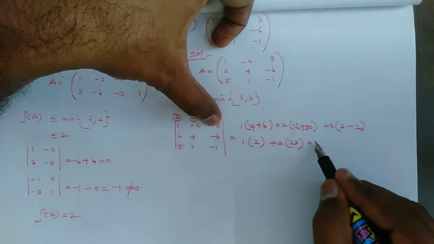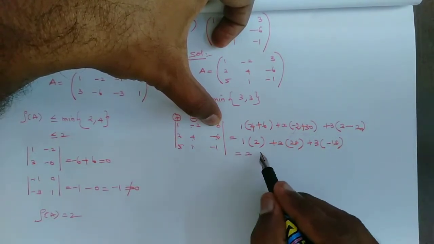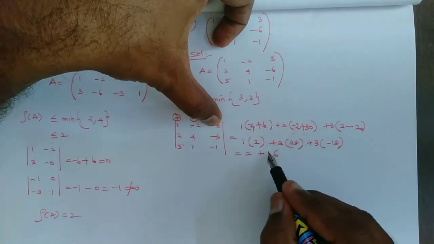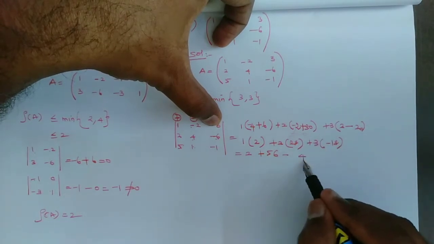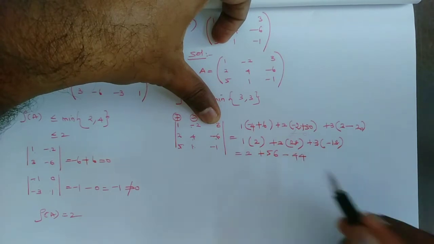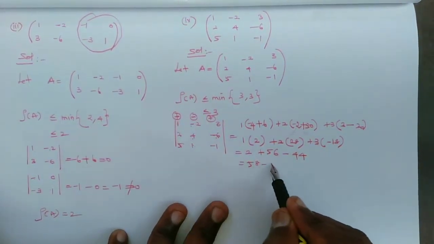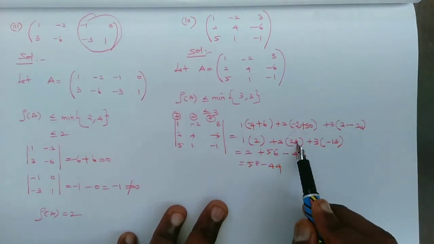30 minus 2. 3: this is minus 18. 2 minus 20 minus 2 plus 8 2s are 16. I will check once again. 1 into 2 is 2, 8 2s are 16.